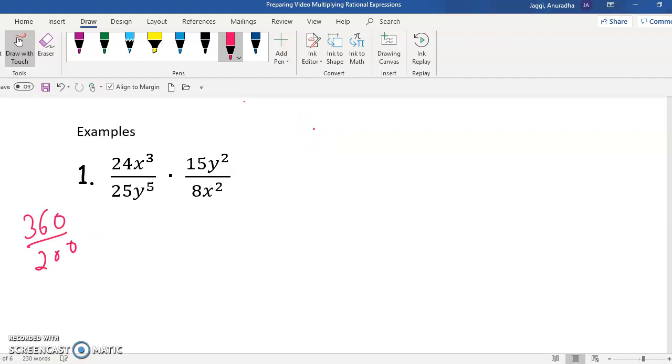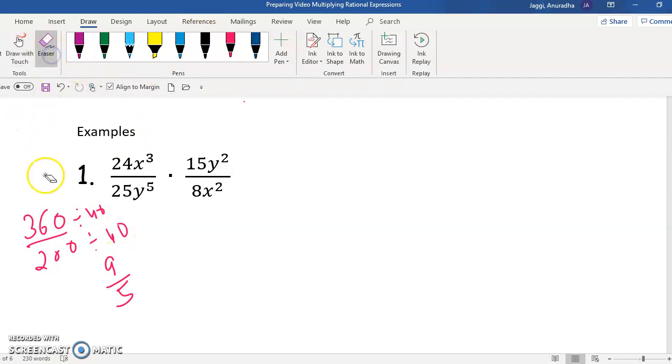You can use your calculator, the GCD method, and you can see that the common factor is 40. So you can divide it by 40, divide it by 40, and see what is the other factor in each case, and you will see that this turns out to be 9 by 5, or you can just try to cancel out, make those numbers smaller.